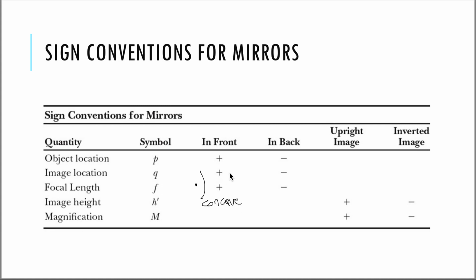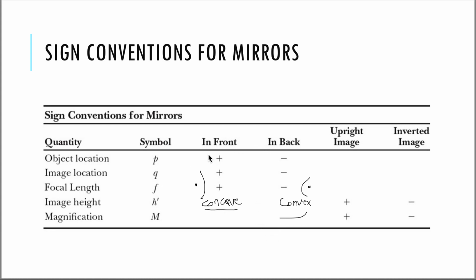However, we talked about the convex mirrors that had the focal point behind them, so the focal length is going to be negative for convex mirrors. You've got to make those numbers positive or negative, even if they don't tell you, just based on what the problem says. Is it a concave mirror or is it a convex mirror?